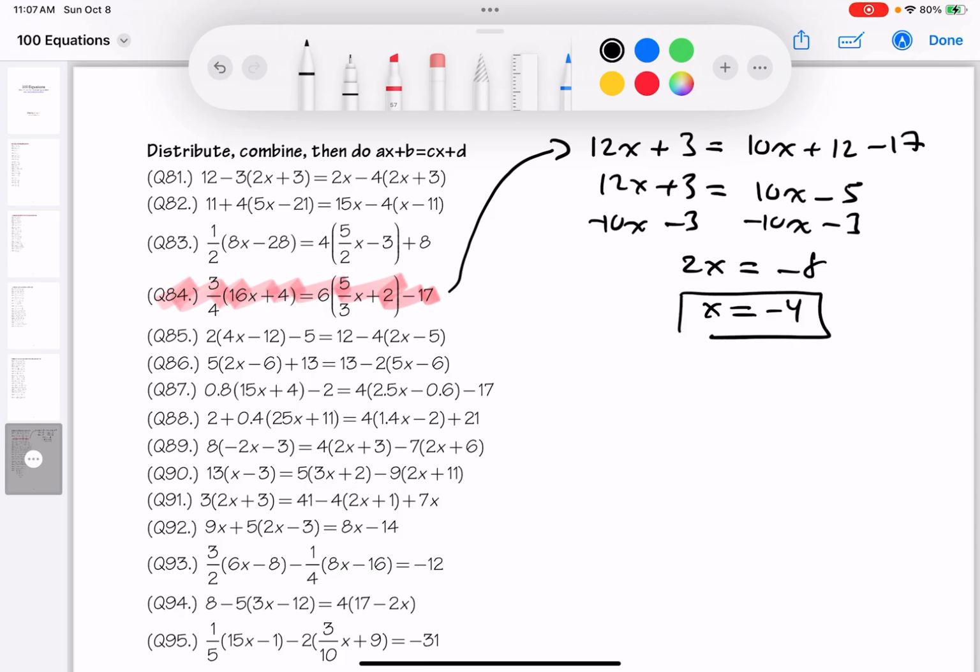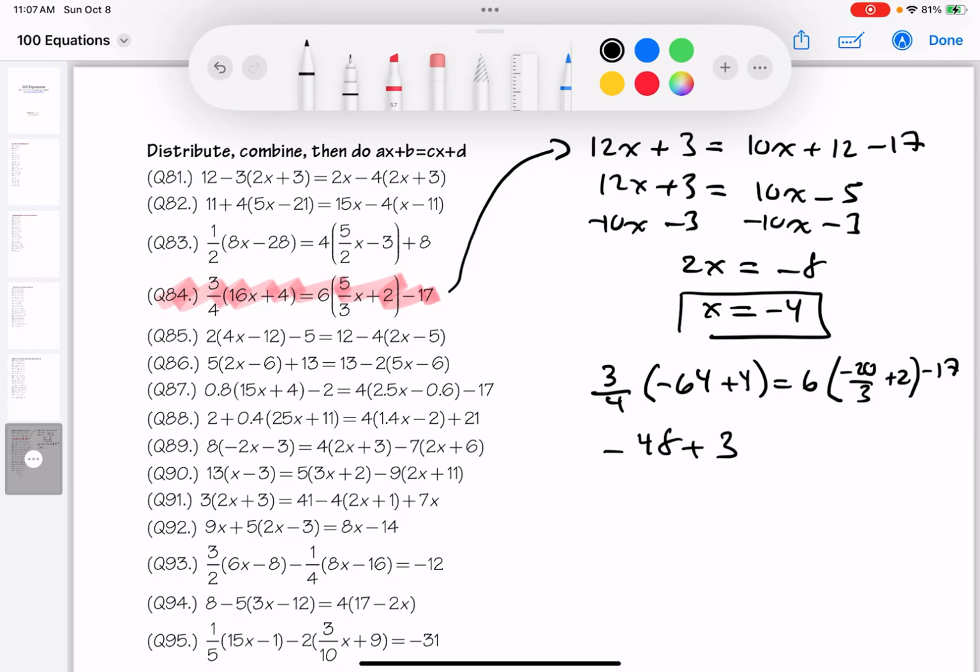But I think you probably know I'm going to check it. Where do you check it? Well, in the equation. 3/4. That'll be minus 64 plus 4 equals 6. That's going to be minus 20 thirds plus 2, and then minus 17. Wow. Let's see. 4 goes in minus 64 16 times. Minus 16 times, and 3 times 16 is going to be minus 48.